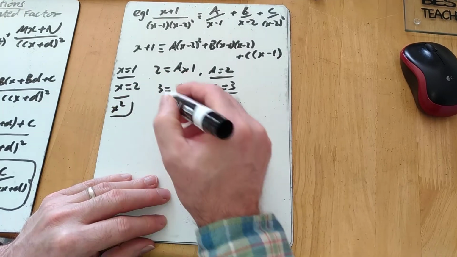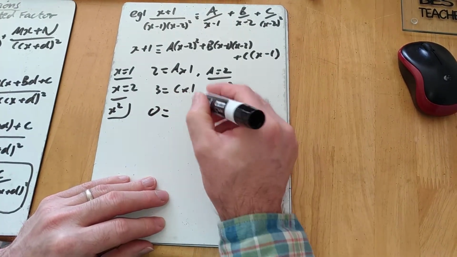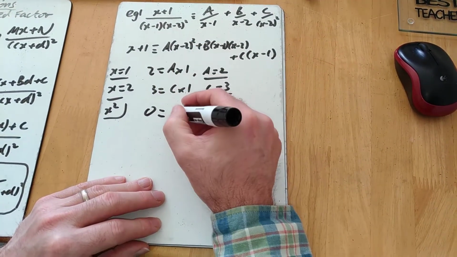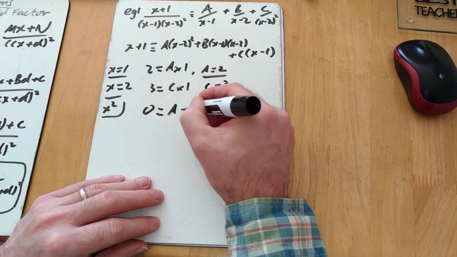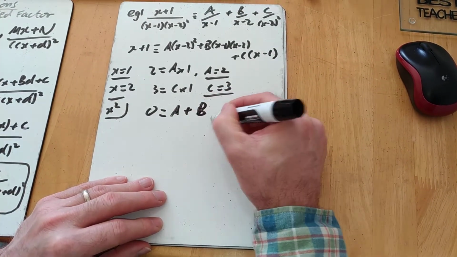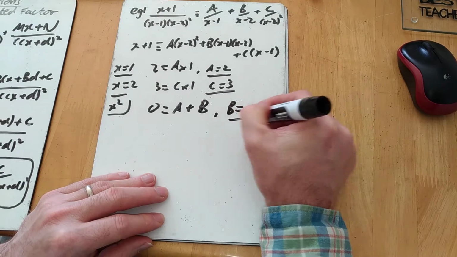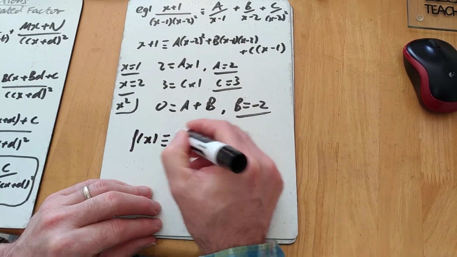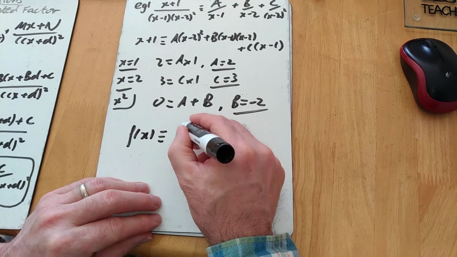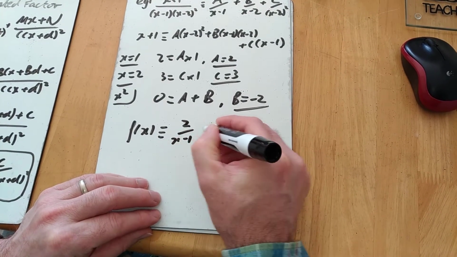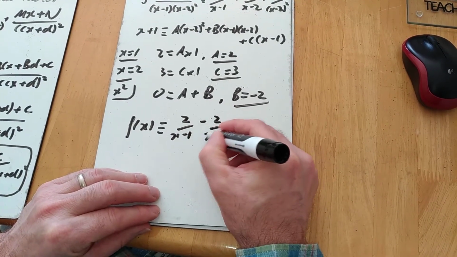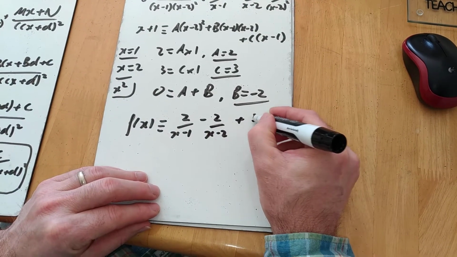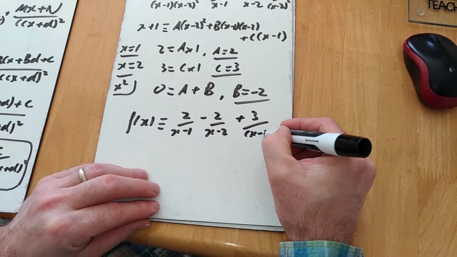Let's match up coefficients of x squared. There's none on that side. I've got a times x squared there, so it's a plus b, so b is minus a, which is minus 2. That's my answer. So my original function is now 2 over x minus 1, minus 2 over x minus 2, plus 3 over x minus 2 all squared.